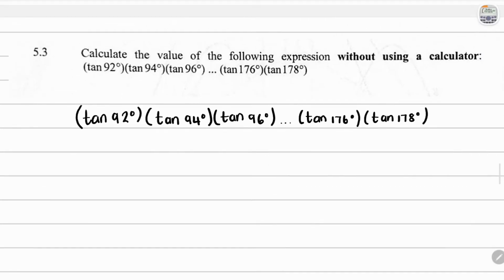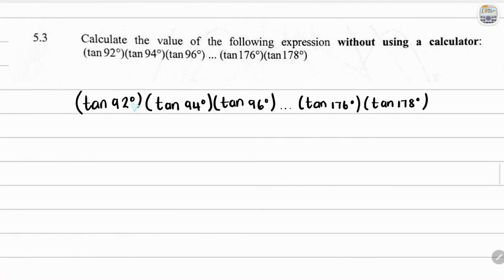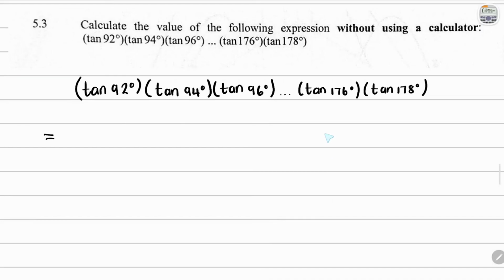And also this actually looks like it's going to have something to do with cofunctions just because of the numbers that they're using. See, this is 92. That's 90 plus 2 degrees, 90 plus 4 degrees, and so on. So let's reduce it because that one can also be 90 plus something. So let's reduce them so that they are simpler. Okay, so it is equal to, and if you reduce this, remember it's tan, right?